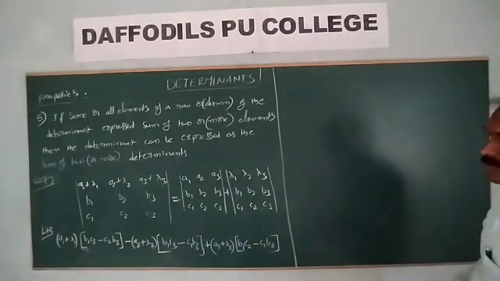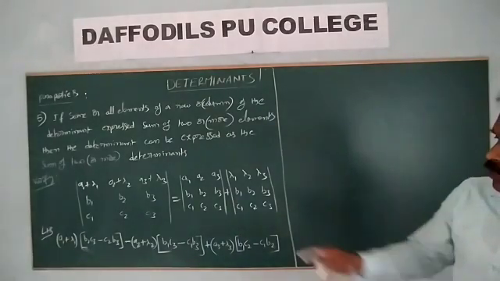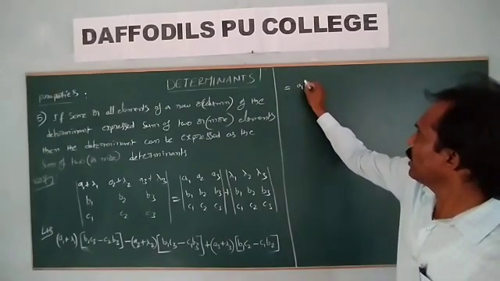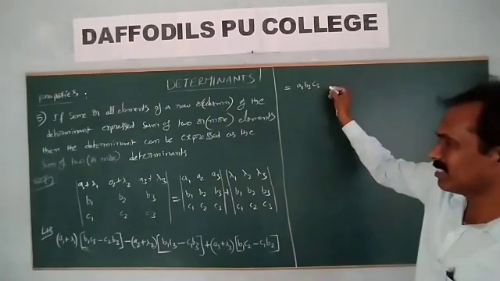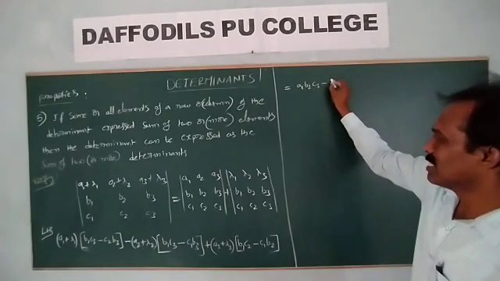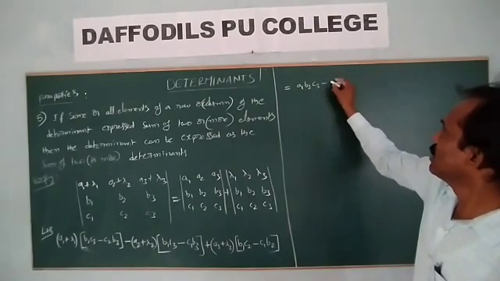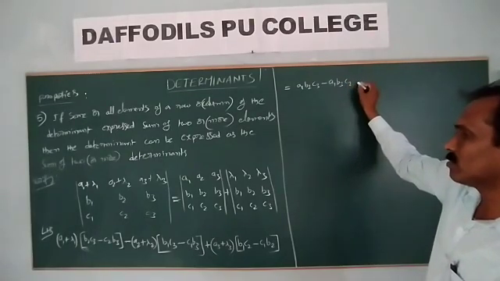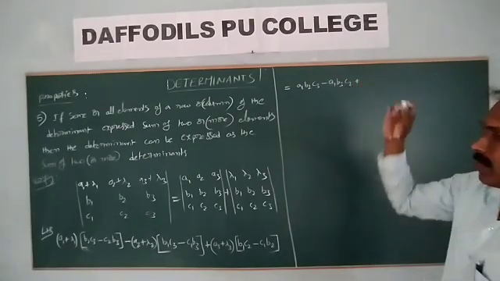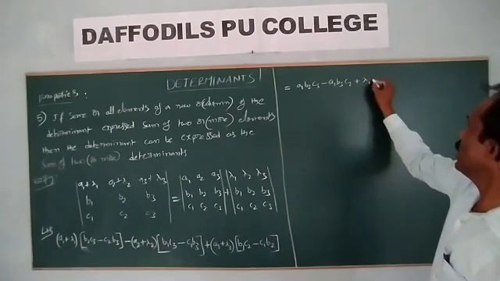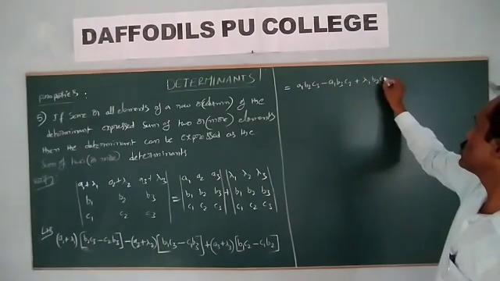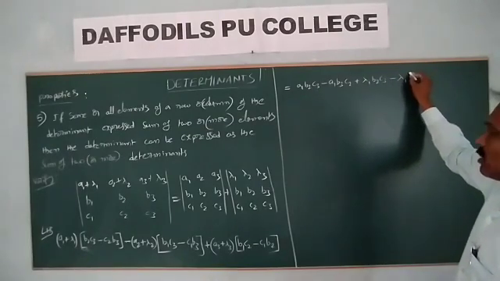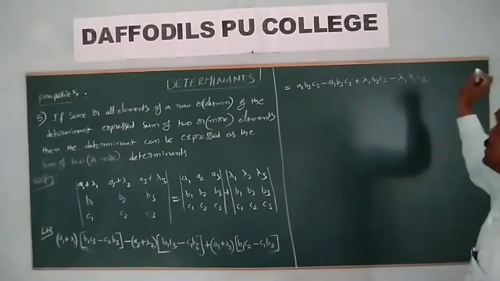Now let's find the individual multiplication. A1 B2 C3 minus A1 B3 C2 plus lambda 1 B2 C3 minus lambda 1 B3 C2.